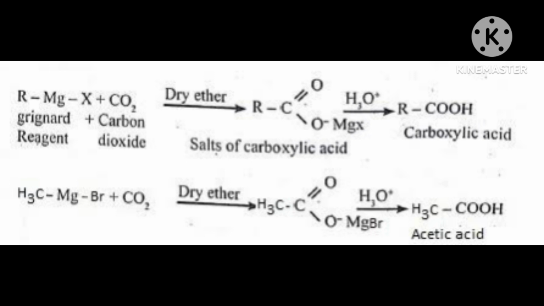Now I am telling you. Acid chloride, when hydrolyzed with water, gives carboxylic acid, or more readily hydrolyzed with aqueous base to give carboxylate ions, which on acidification provide the corresponding carboxylic acids.